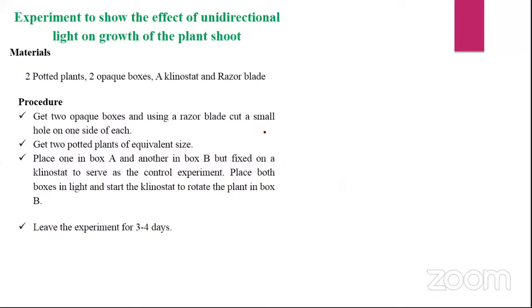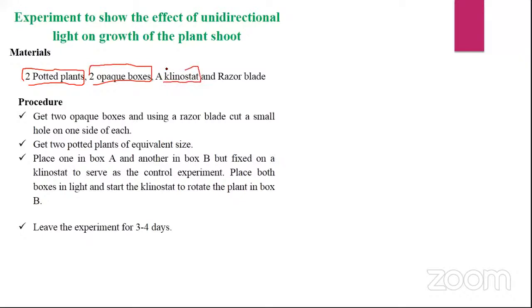Now we have an experiment to show the effect of unidirectional light on growth of the plant. You'll need two potted plants, then two opaque boxes. Opaque means something which cannot allow light to go through it. And then a clinostat.